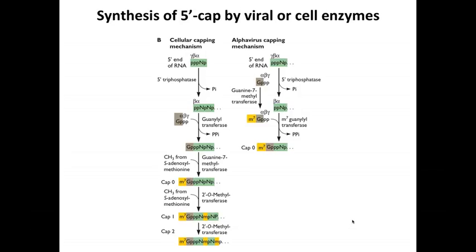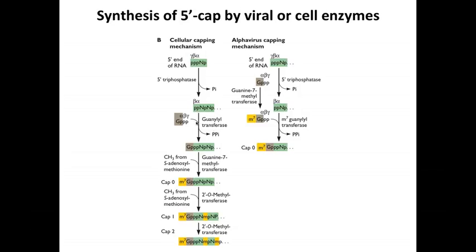The way the cap is added is different depending on whether you are a cellular mRNA or a viral mRNA. On the left is the cellular capping mechanism. You start with the 5' end of an mRNA, which is a triphosphate, then the first base, then another phosphate and the second base, etc. A 5' triphosphatase removes the gamma phosphate, the terminal phosphate here. You're now left with a diphosphate at the end.